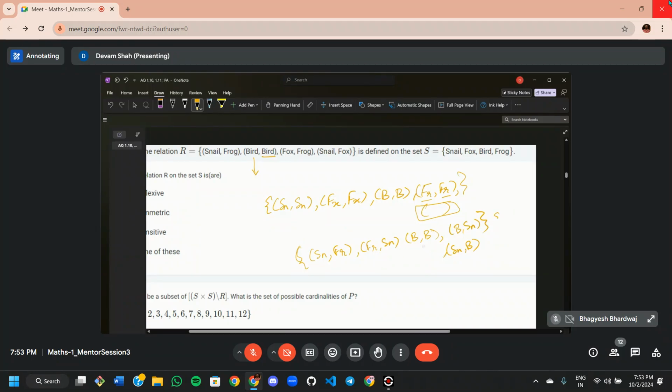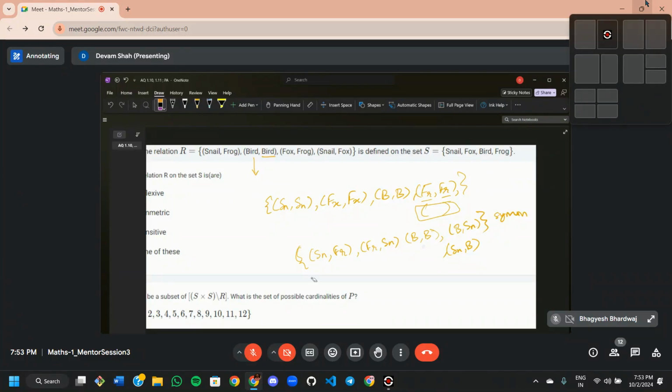So yes, this is symmetric, and it's also transitive. You can say that every symmetric relation would be transitive, but I am not sure how to prove it's true every time, but most of the times it would be.